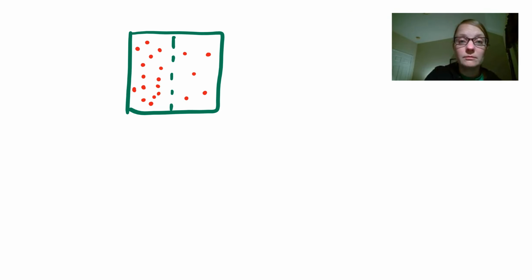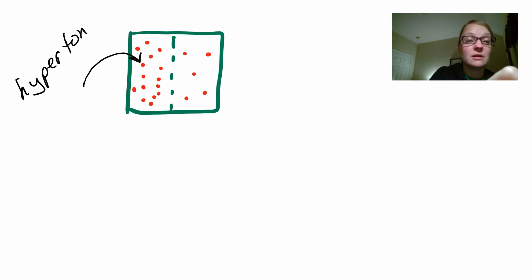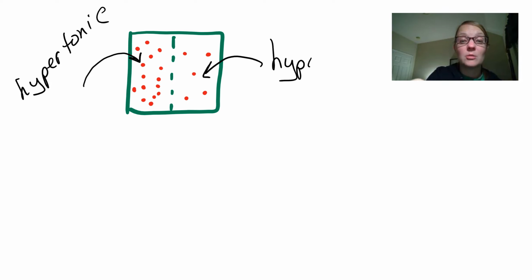So we could say that the solution here on the left-hand side is hypertonic in comparison to the solution on the right, or you can say that this side is hypotonic in comparison to the solution on the left.